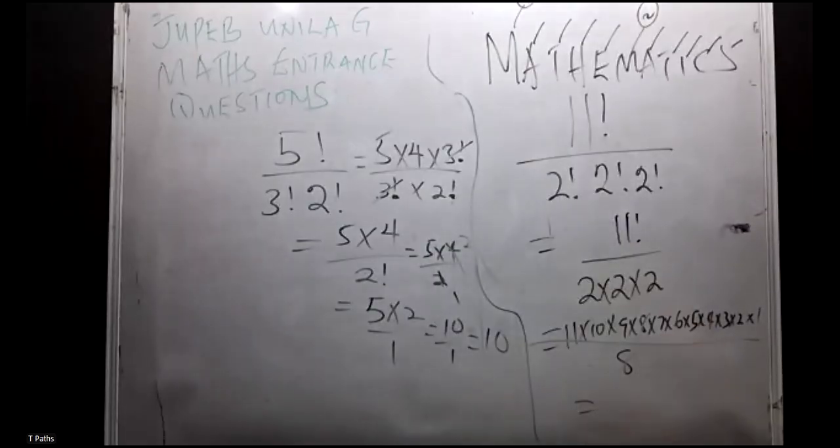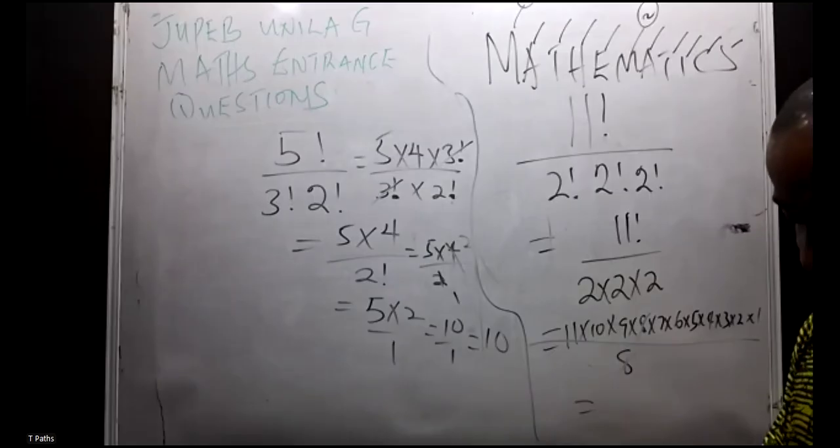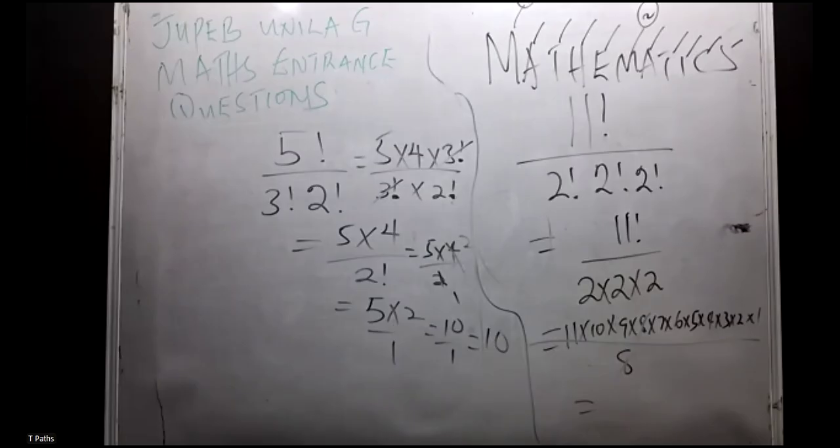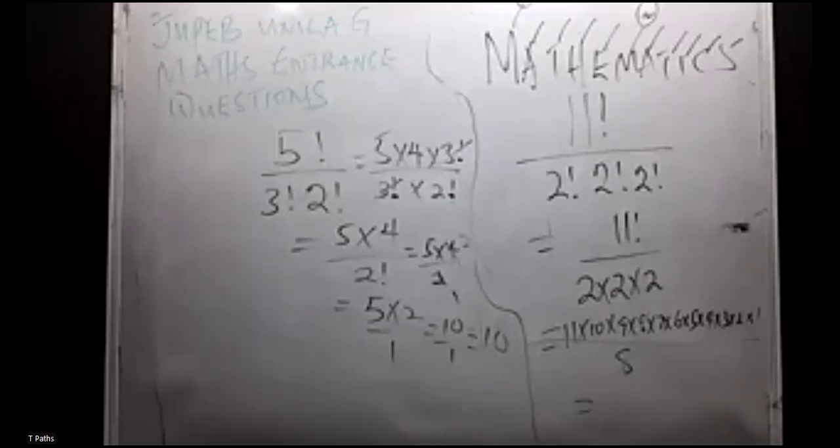So let's multiply all this. Let's see now. 11 times 10 times 9 times 7 times 6 times 5 times 24. 4 times 3 is 12. 12 times 2 is 24.